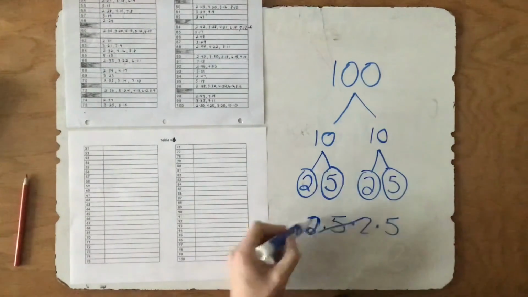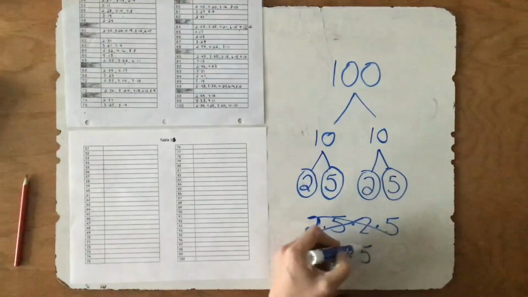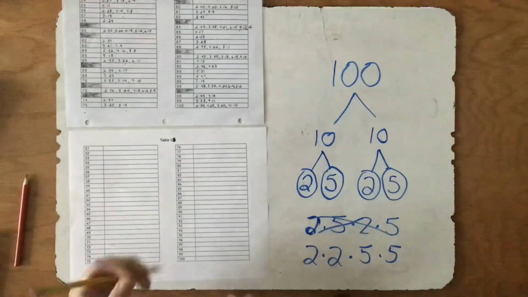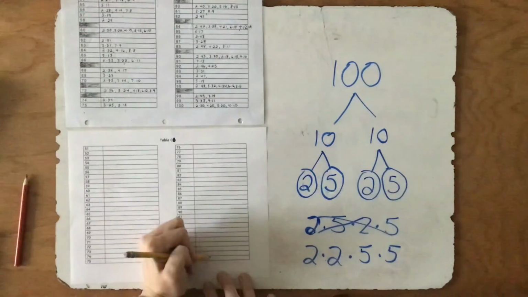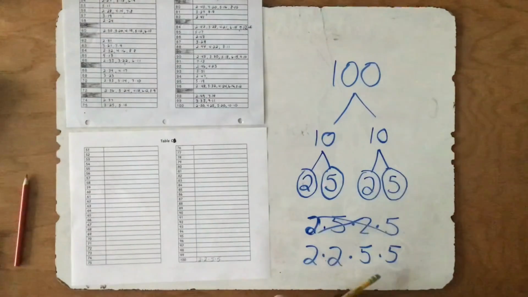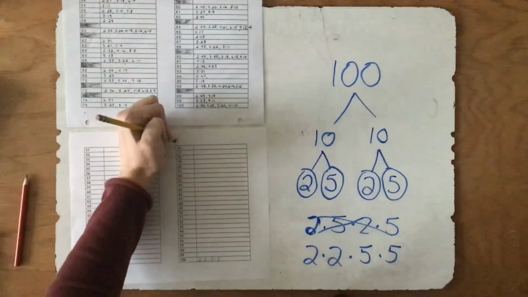So it should look like 2 times 2 times 5 times 5. That equals 100. So we'll put that down here. It's important that you put the like terms together like this because for table C3, you're going to need those.